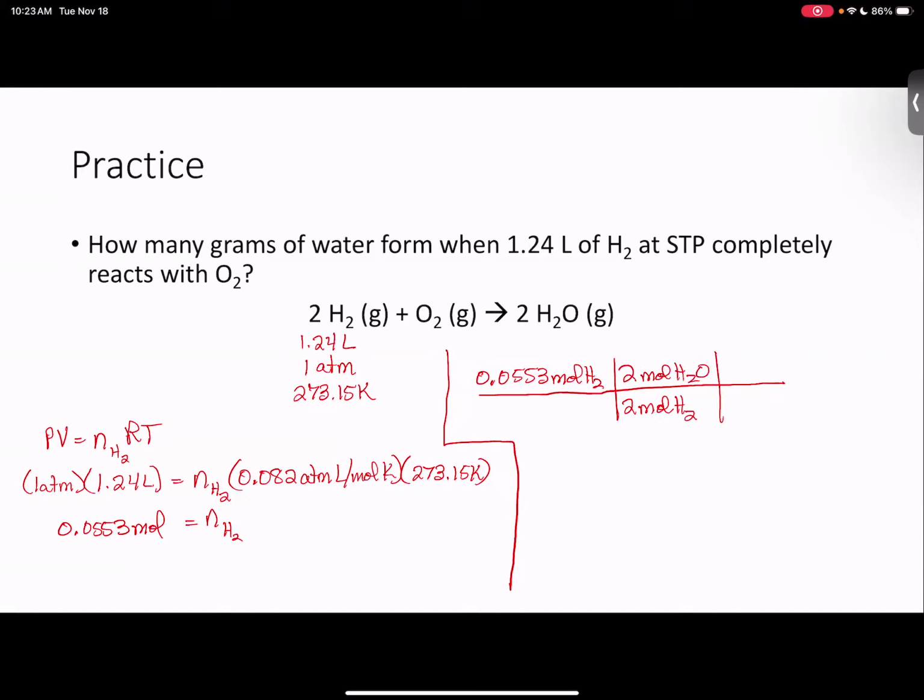But I was asked for the grams of water, so I need to use the molar mass of water in order to convert that into grams of water. When you complete this calculation, you get 0.995 grams of water. That's how much can be formed from 1.24 liters of hydrogen gas at 1 atmosphere and 273.15 Kelvin.